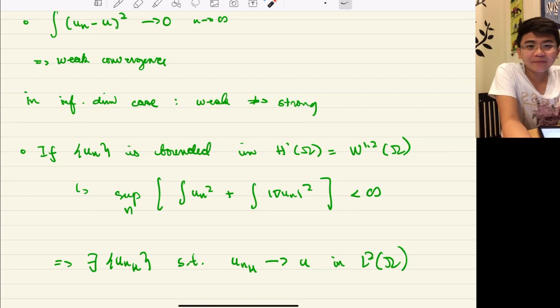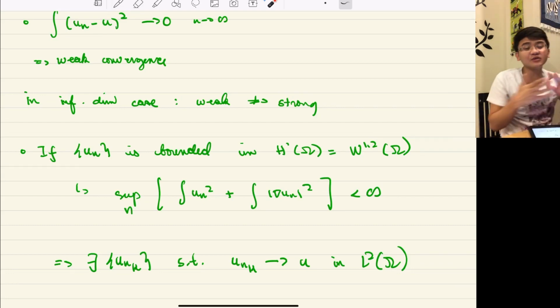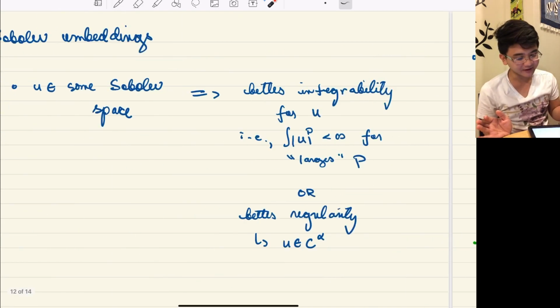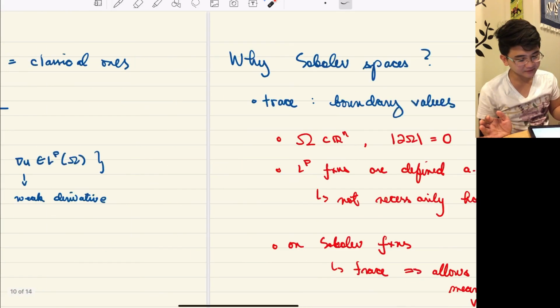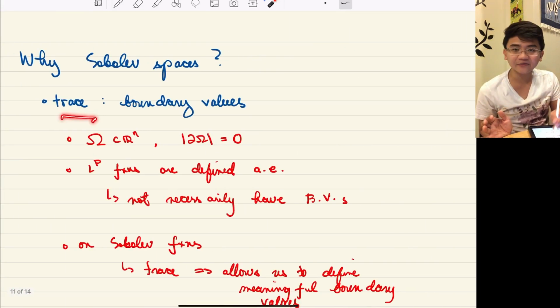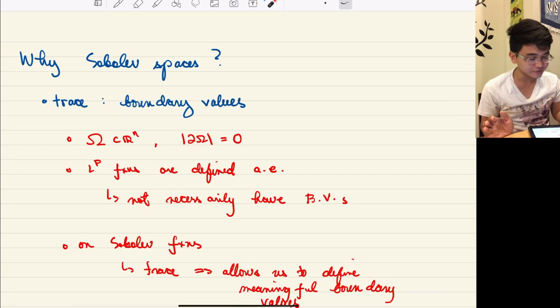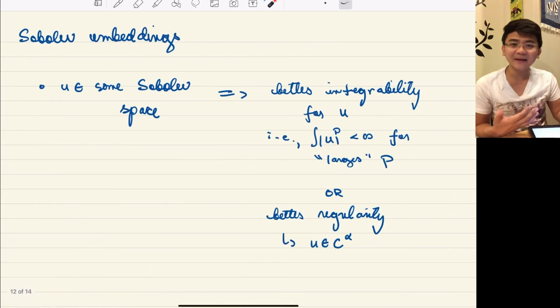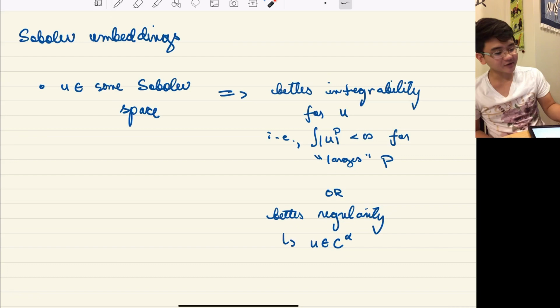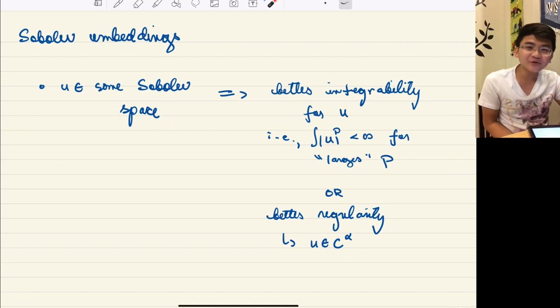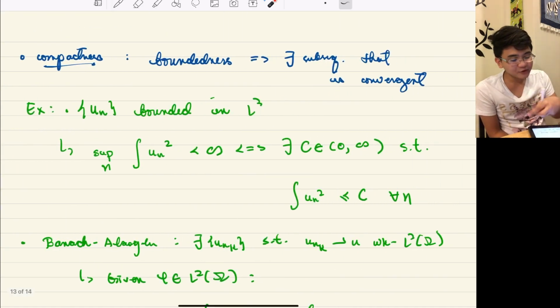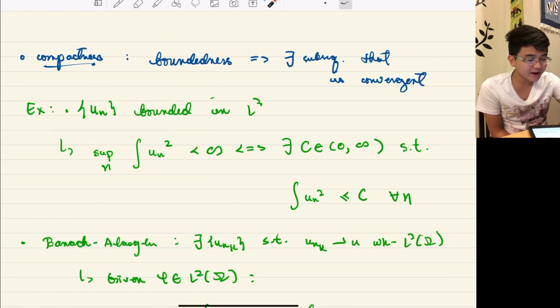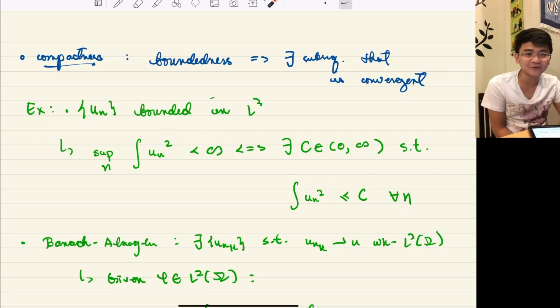My point here is that it's practical to work with Sobolev spaces because you get a lot of things. What are those things? We get a notion of trace for which you can assign boundary values. You also have embeddings, for which if something belongs in a Sobolev space, you get better integrability or better regularity. And you have compactness results where boundedness implies the existence of a convergent subsequence.